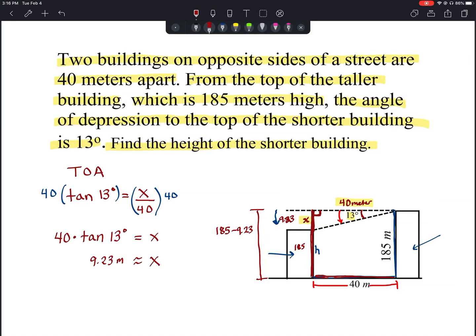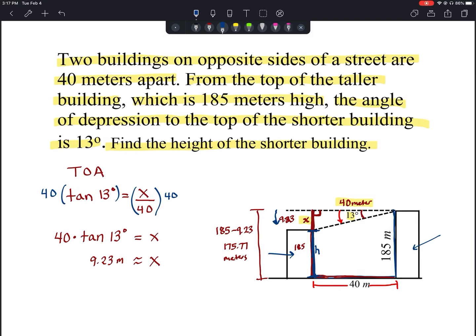So that would be 175.77 meters, and that would be the height of the shortest building there.